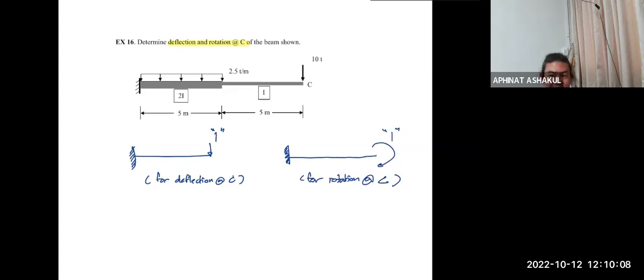So we have this taken out. We need to write the moment equation, and I'd say now it becomes an art because you need to split your integrals here. So the first section is easy. You can just cut the free body diagram here and begin your x from 3m.